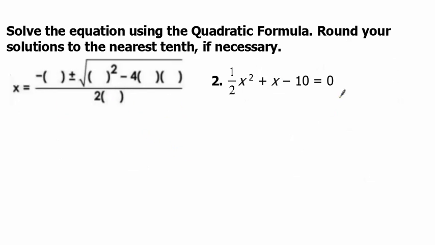So for my next problem, it is in standard form. Very first step, what is A? A is a half. Keep it as a fraction for a little while. B is 1. And C is negative 10. It is important that we keep the sign.